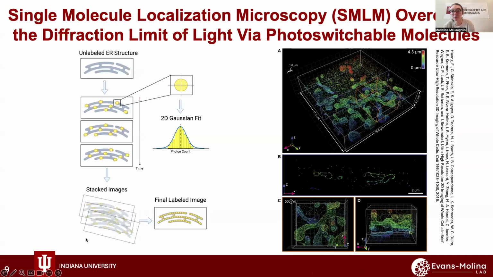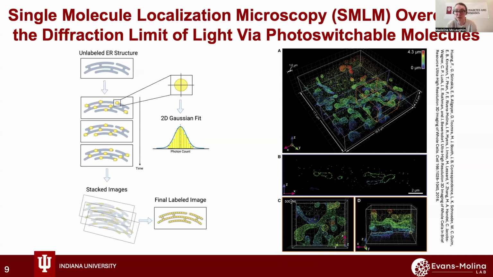While ER volume is an important feature to quantitate, the ER is made up of different components, including ER tubules, vesicles, and beta-pleated sheets. Therefore, we next chose the super resolution imaging method called single molecule localization microscopy, or SMLM. First off, this technique is able to overcome the diffraction limit of light as compared to confocal microscopy through the use of photo-switchable molecules.